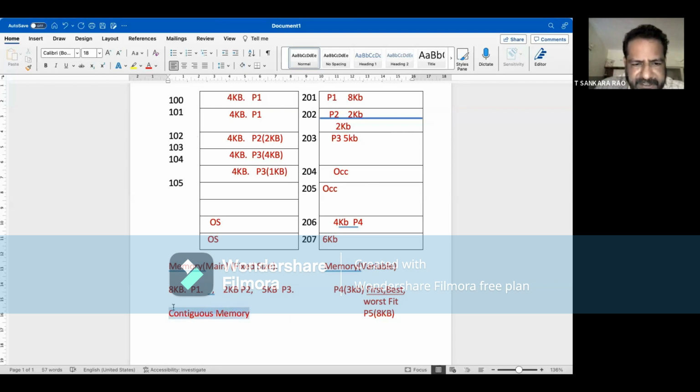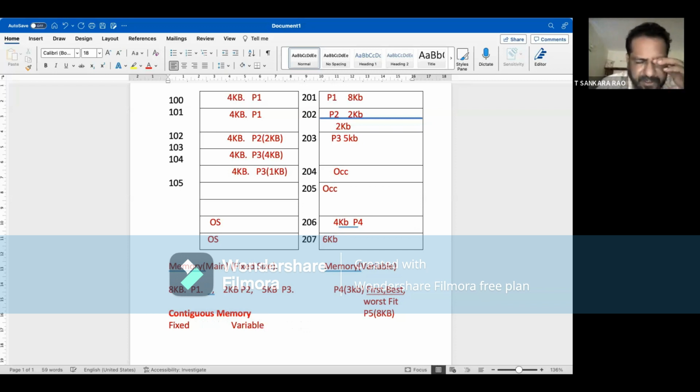In contiguous memory allocation, we have fixed size as well as variable size partitions. Fixed size is the first table, and variable size.